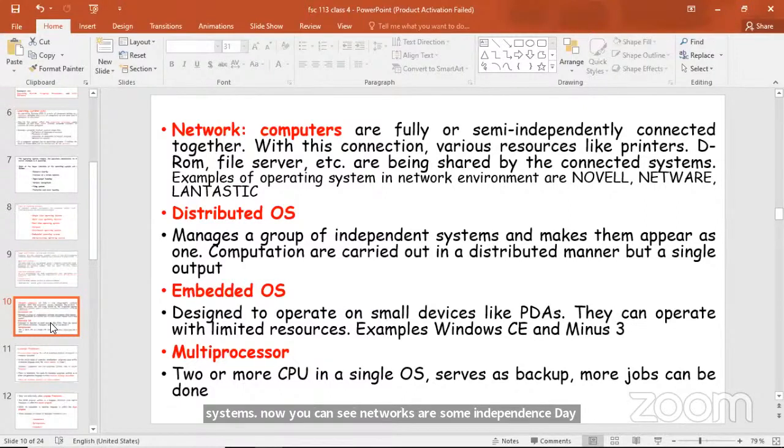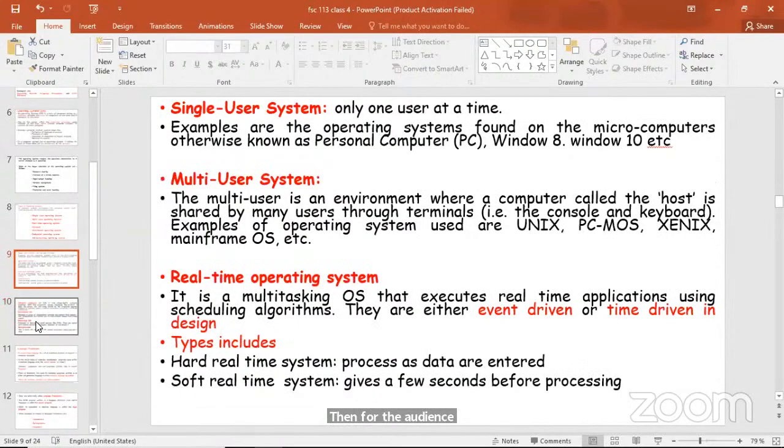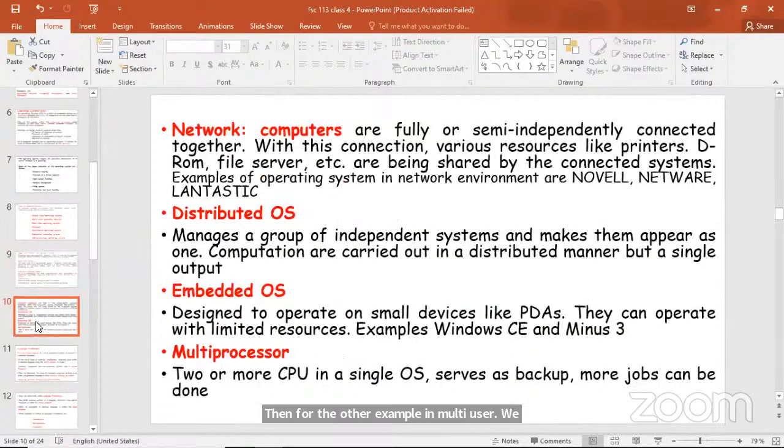In multi-user, we have them being dependent on the host, right? For network, they are semi-independent. For distributed, they are independent systems. The only thing they do is they are connected together, right?